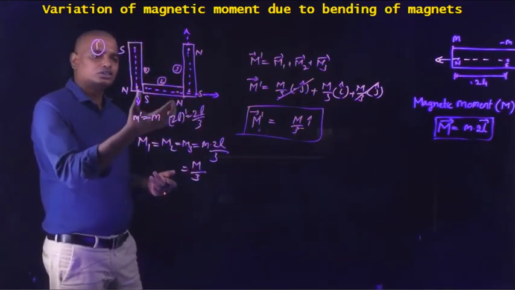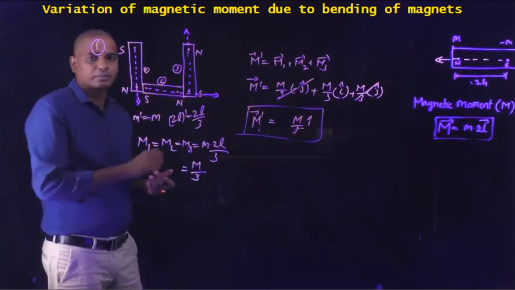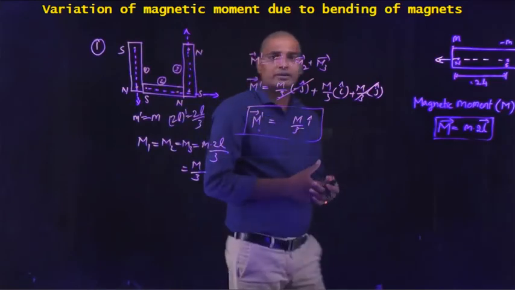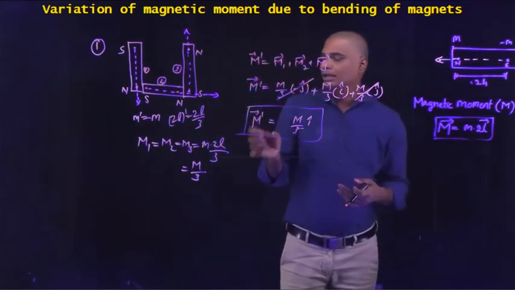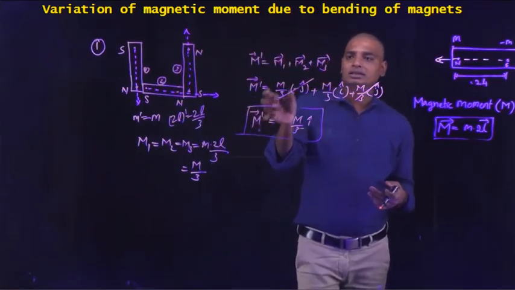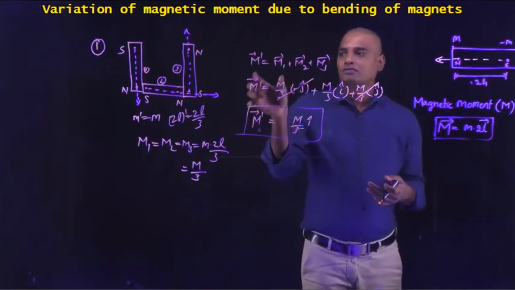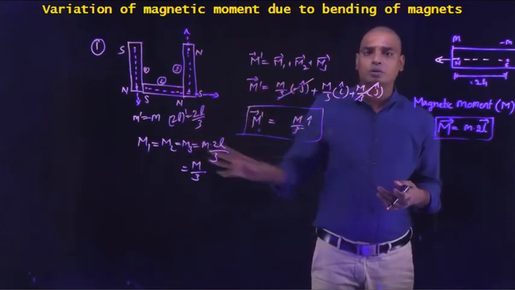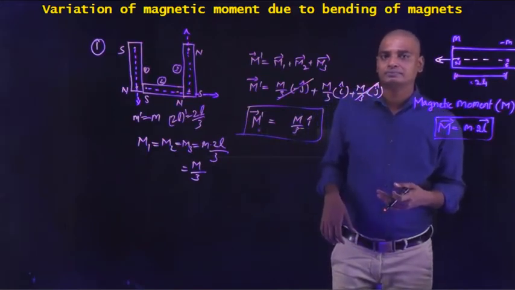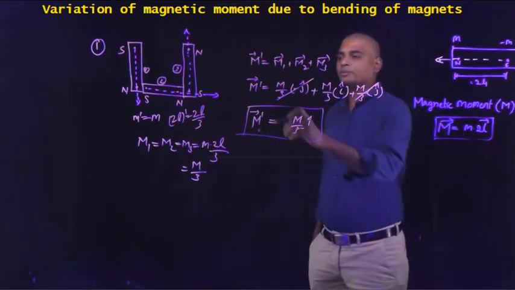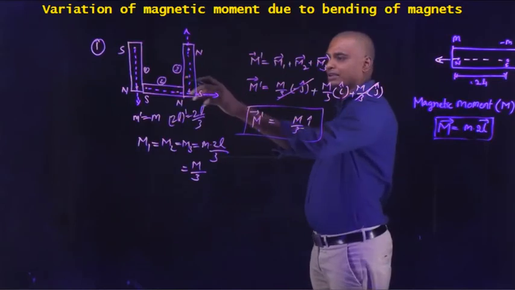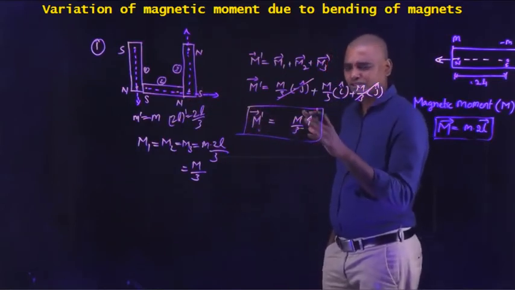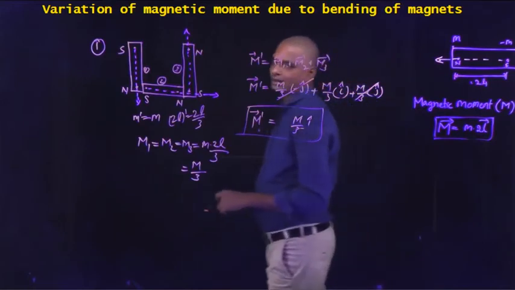For each segment we have calculated a dipole moment, and from the dipole moments and their directions the vector sum of the total dipole moment is calculated. So the total dipole moment of the magnet when it is bent in the U shape is m by 3, and i cap just shows the direction.